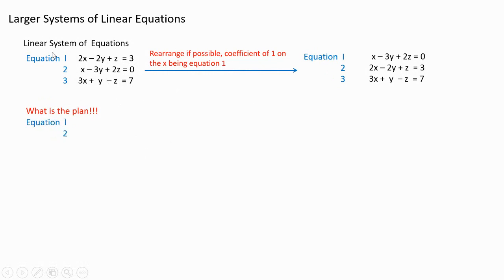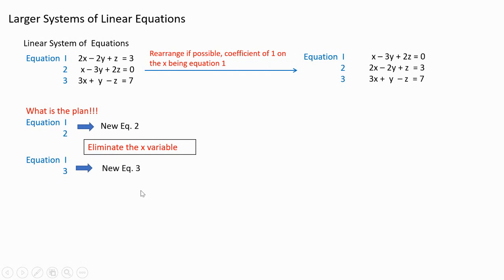I'm going to get equation 1 and equation 2 and get rid of the x's. And I'm going to get equation 1 and equation 3 and get rid of the x's. Eliminate the x variables for these two. Then you're going to have, I believe I call it, a new equation 2 and a new equation 3.